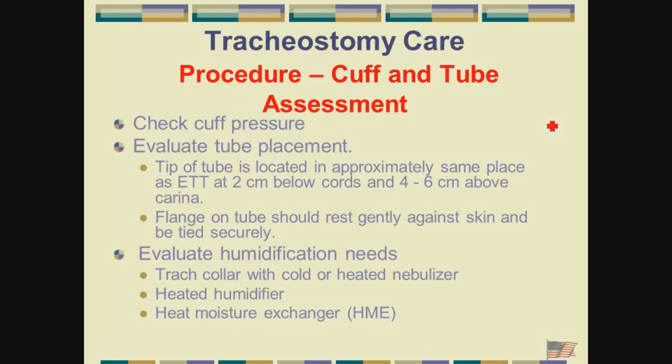Then I want to assess my cuff pressure, and also make sure that the trach tube itself is positioned correctly. Remember, basically I have an opening here, and I have a tube coming down. That tube ideally sits in this fashion in relationship to the neck.